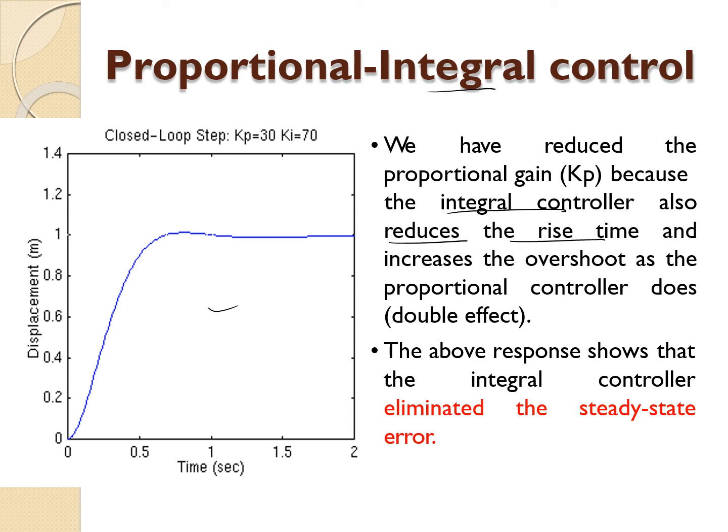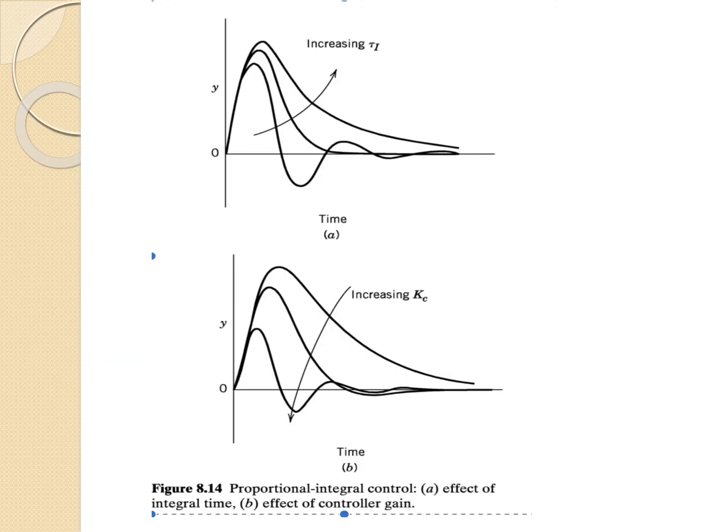But still, we have an overshoot. This integral control cannot eliminate the overshoot of the system. It just eliminates the steady state error. The steady state error is the deviation of the control variable from the set point.